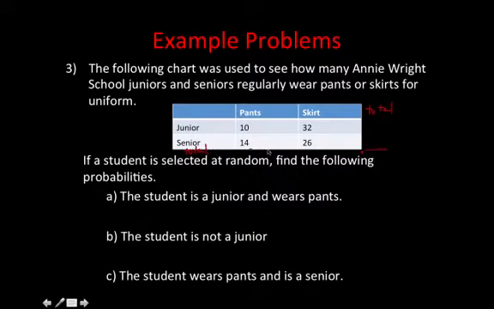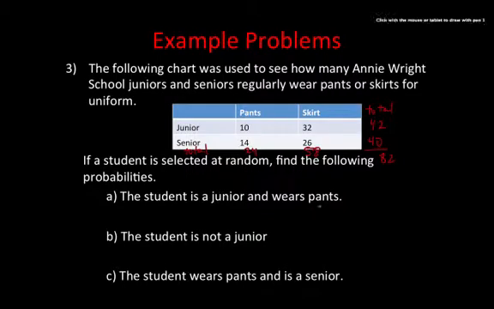I also want to know how many seniors I have and how many total students. So there are 42 juniors, 10 plus 32. There's also 40 seniors, 14 plus 26. So I asked a total of 82 students. Then 24 regularly wear pants, 10 plus 14, and 58 regularly wear skirts.